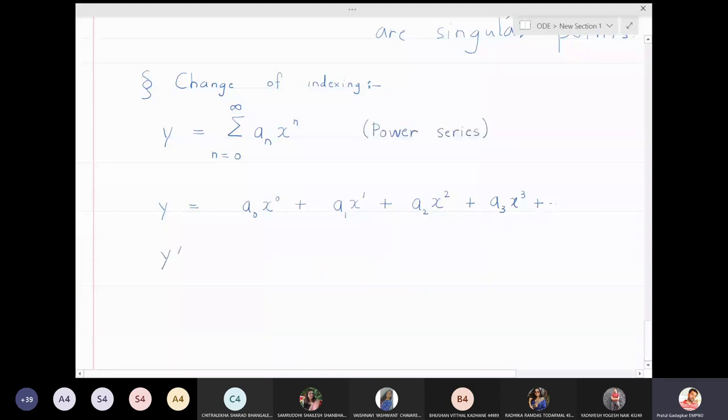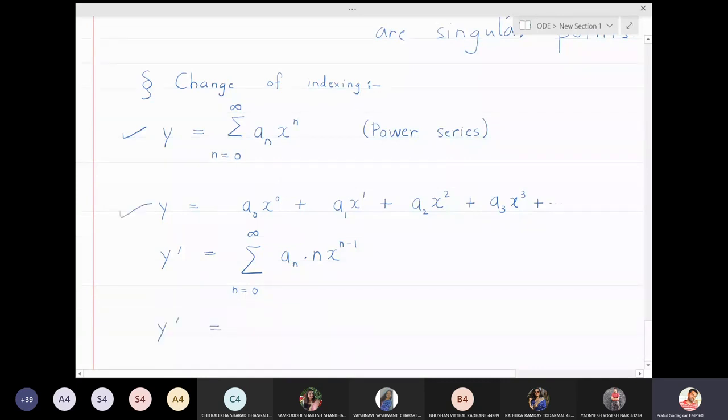So let us write the derivative of this y. So y dash is equal to, I'm differentiating this, summation a_n into n x raised to n minus 1, and I will write here n goes from 0 to infinity. When I take the actual derivative, y dash will be equal to what?